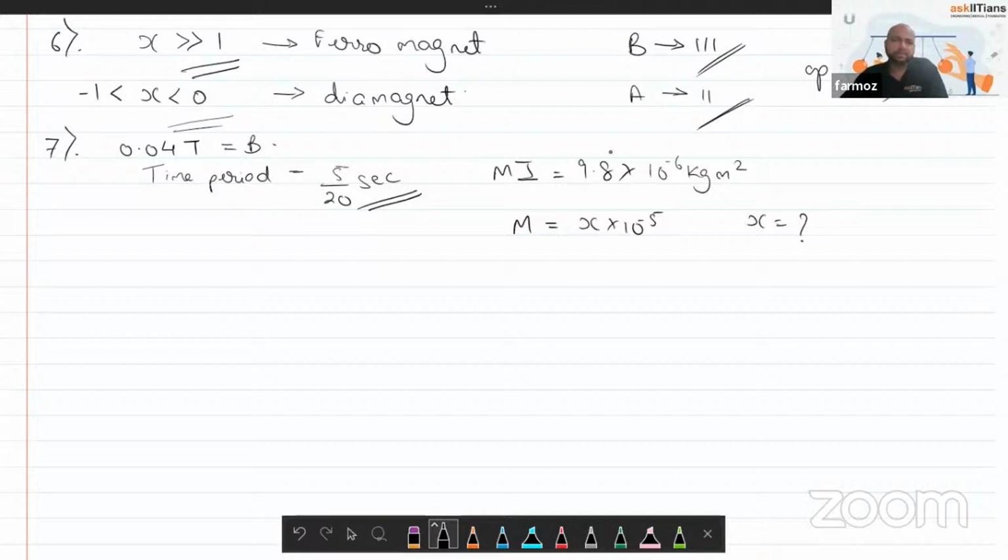Simple. Now obviously this question corresponds to the condition that time period is equal to 2 pi by omega. Now this is nothing but rotational SHM.